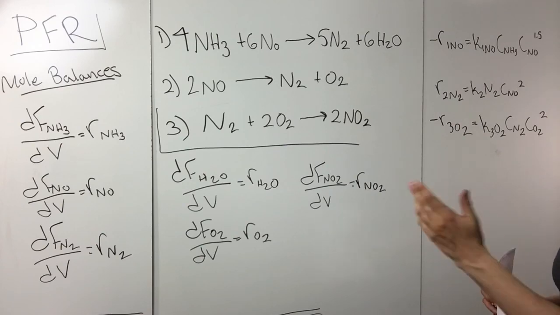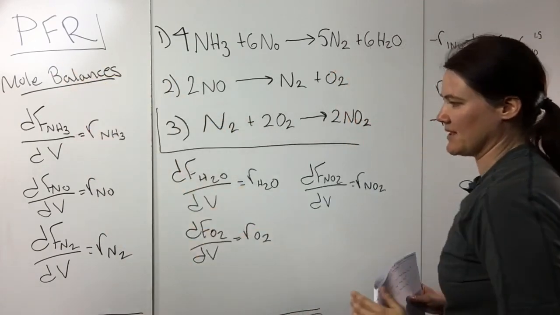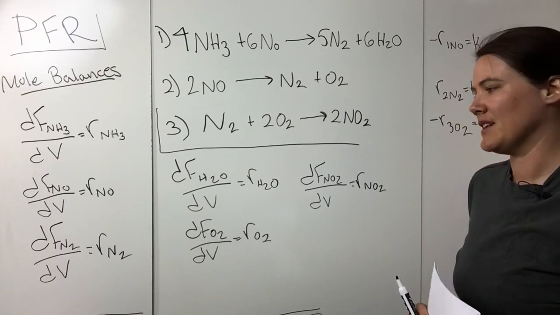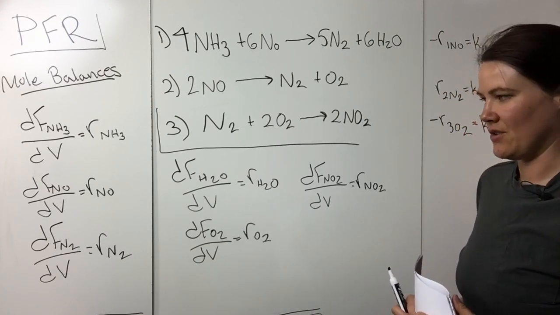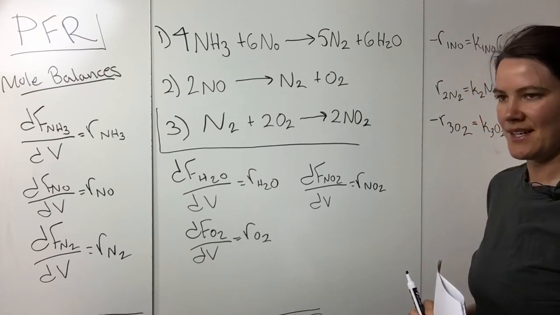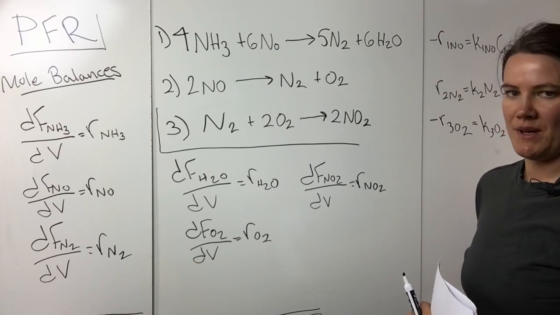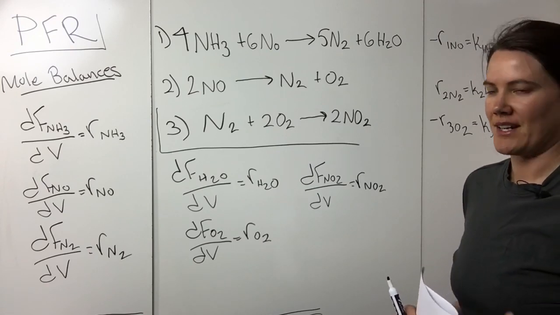Just to be clear, we're doing the PFR, so we're using the mole balances for a PFR. But if you had a batch or a PBR or a CSTR, then you would use the mole balances for those reactors.